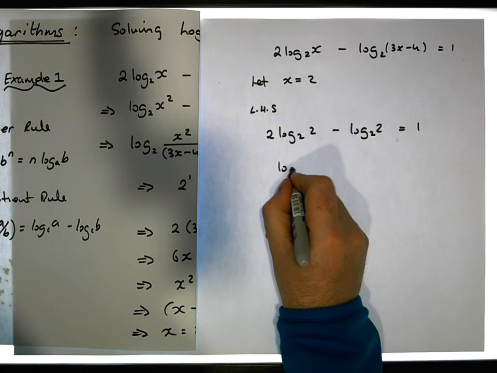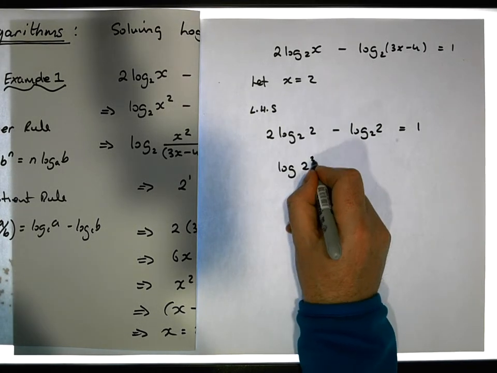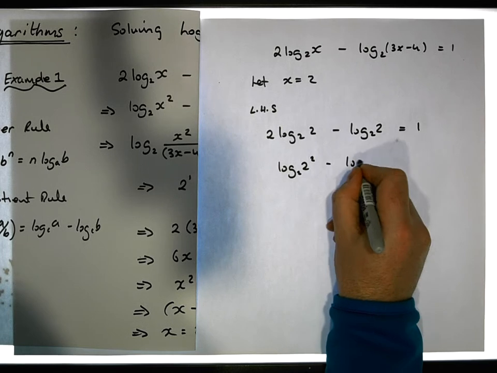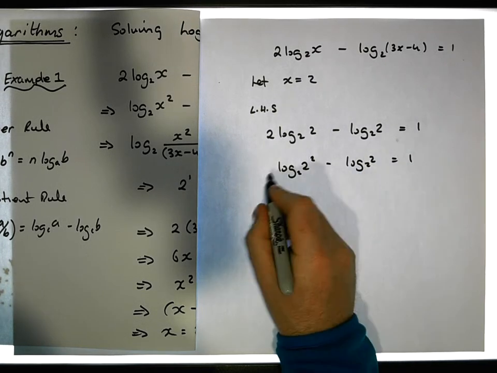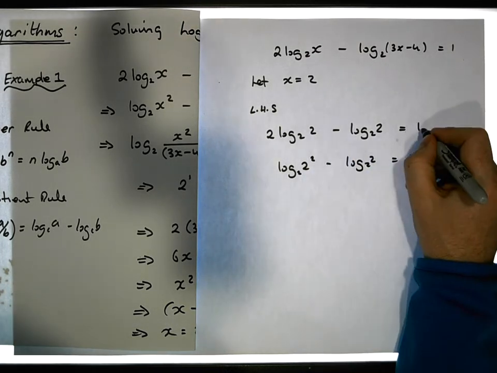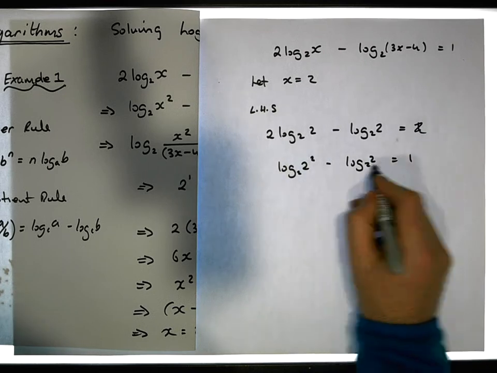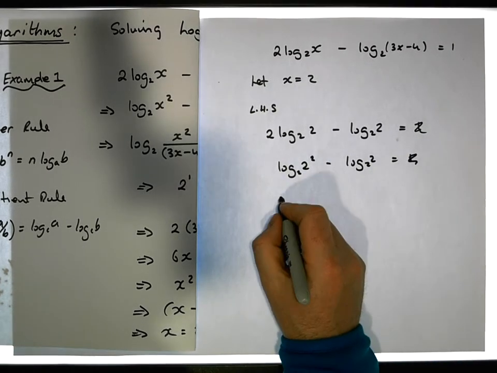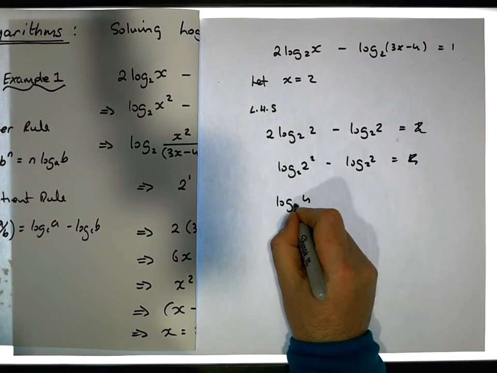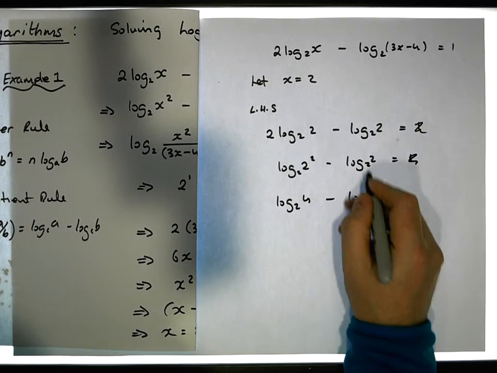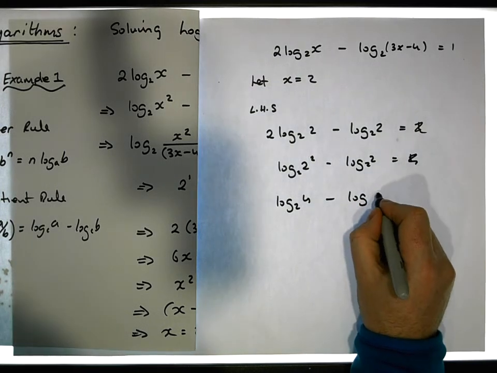Sorry, I'll just take the left hand side. This is log of 2 squared to the base 2 minus log of 2 to the base 2, which is log of 4 to the base 2 minus log of 2 to the base 2.